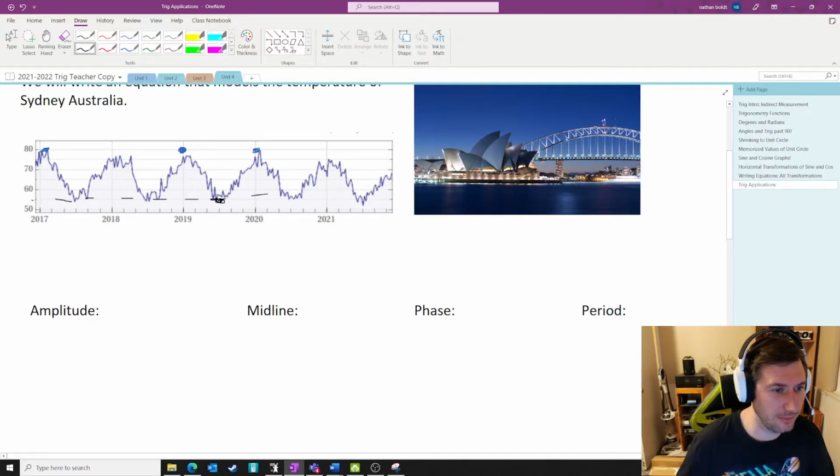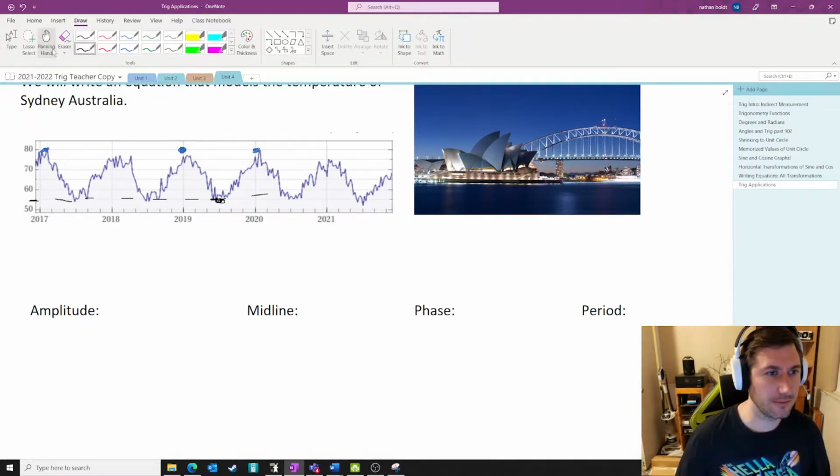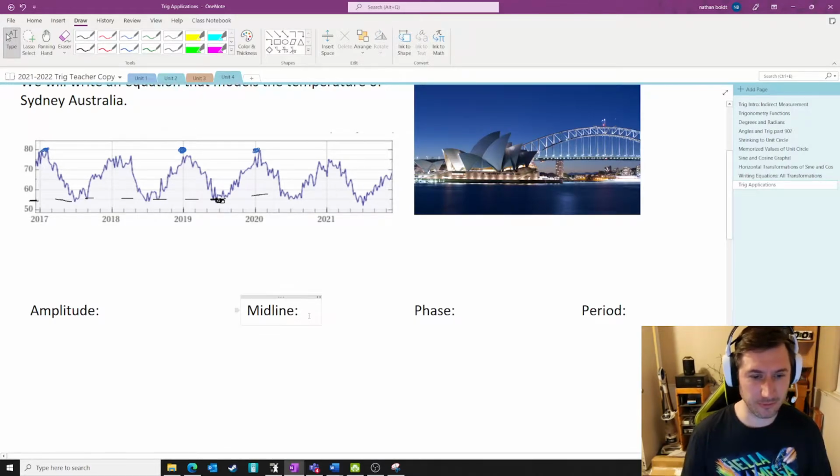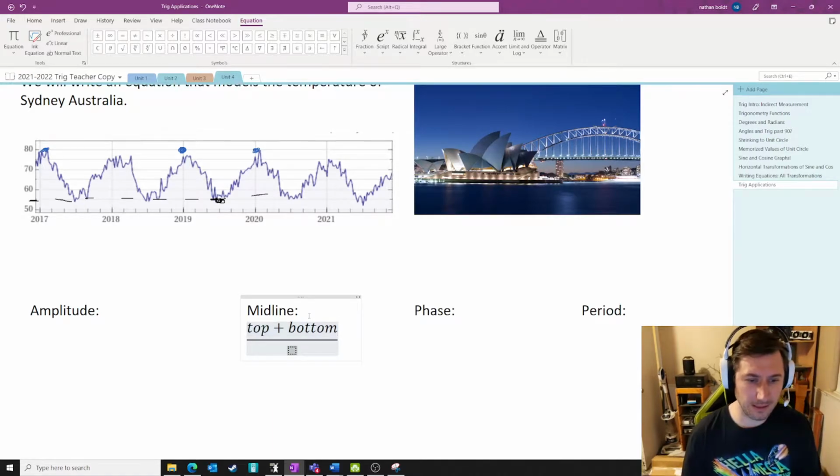So what number is this right here? Let's see, we're counting by 5, so that must be 55, it looks like. So the midline, we can get the midline from those two numbers. To find the midline, you take the top plus the bottom, and you divide it by 2. You average it, essentially.